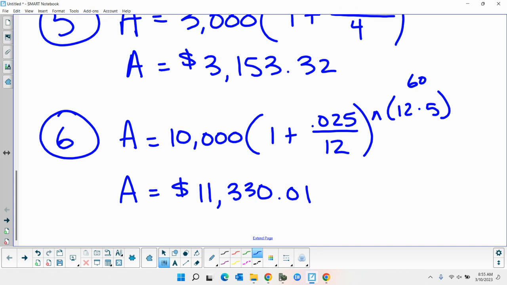So if it said daily, what do we use for N? 365. Yeah. Okay. So quarterly N is 4, monthly N is 12, daily N is 365. Yearly N would be 1. That would be like the ones from 2, 3, and 4.